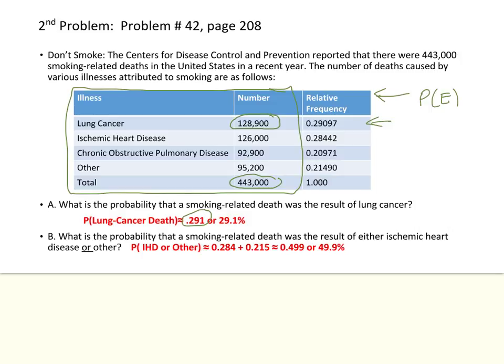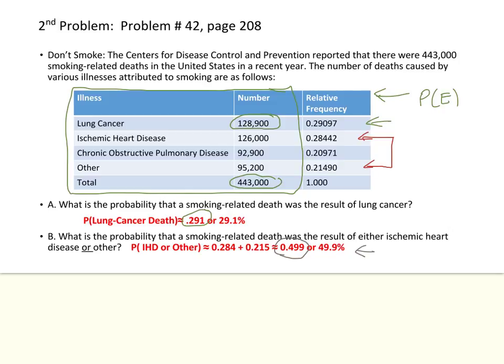And so in this particular case, we're looking at this cell and this cell, and we add those two probabilities up because they're not overlapping. And when we do that, we get a total of approximately 0.499 or 49.9%.